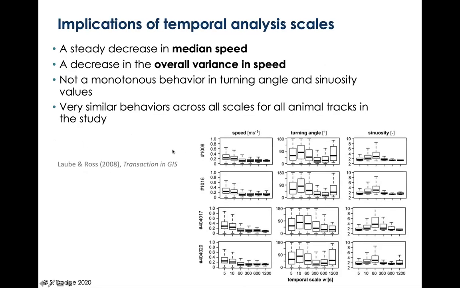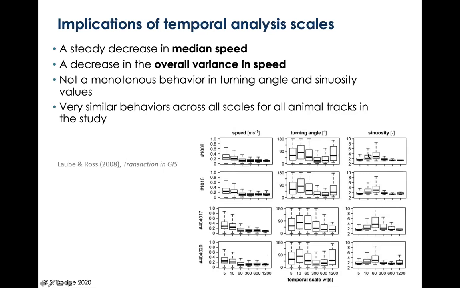The result of their study showed that as the temporal scale increases, with a greater window size, the median speed decreases, and the variance in speed also decreases. So there is a clear impact on speed.